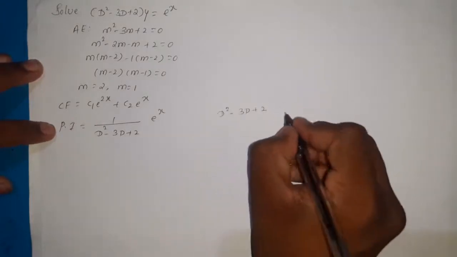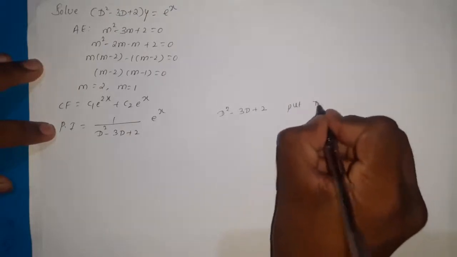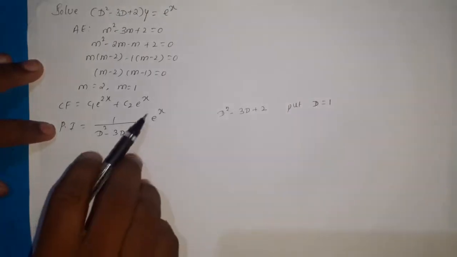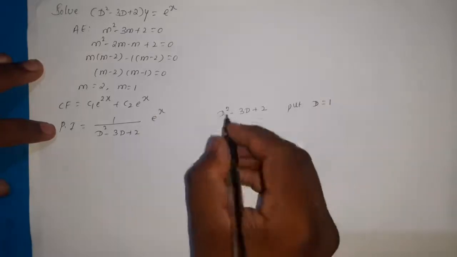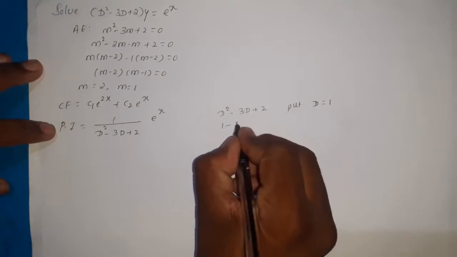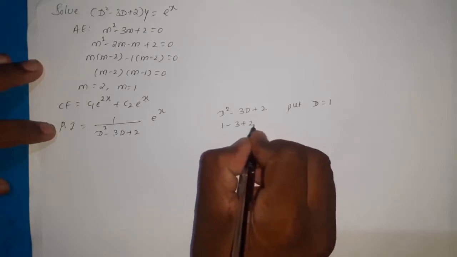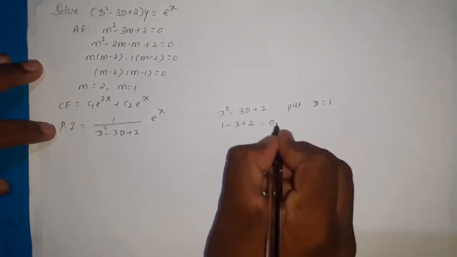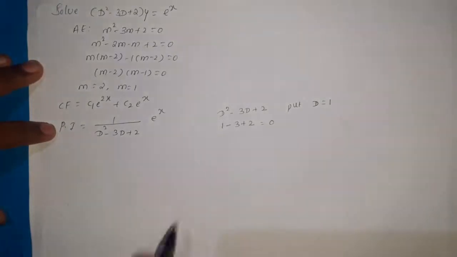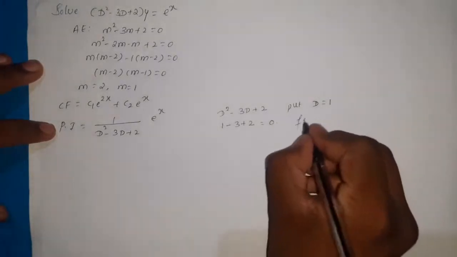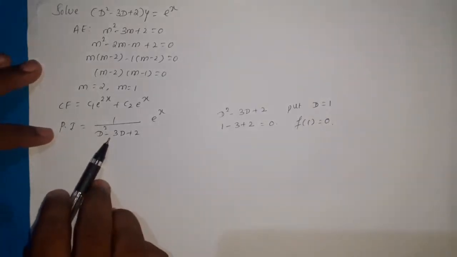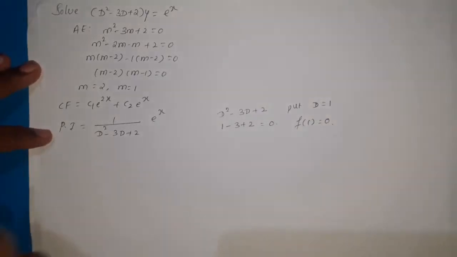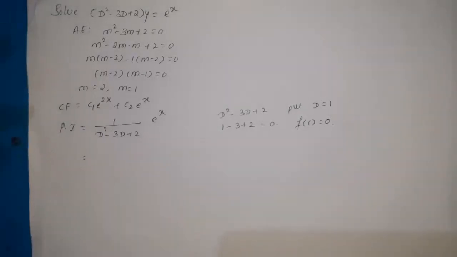Put D equal to 1, because here the value of a is 1, the coefficient of x. Then that becomes 1 minus 3 plus 2, which is equal to 0, meaning f of 1 is 0, so the denominator becomes 0 at D equal to 1. Then what to do? It is the case of failure.